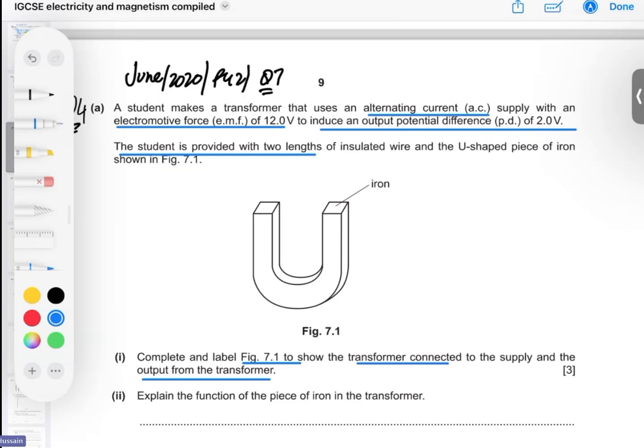Let me check that. Okay. So where's your response gone?